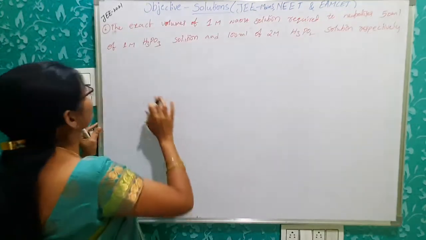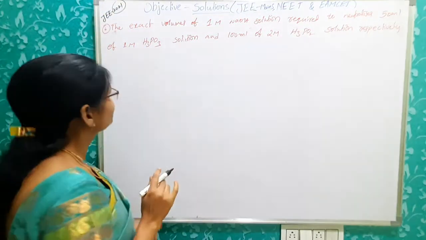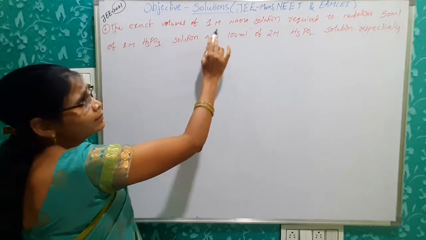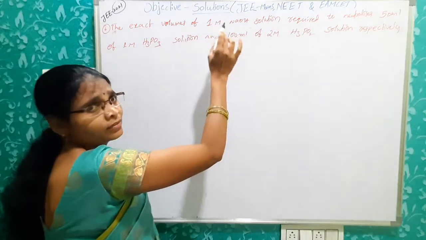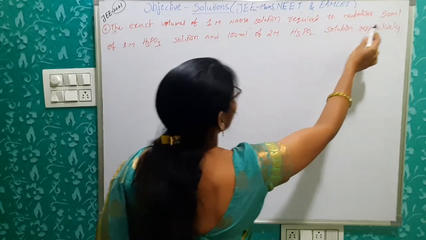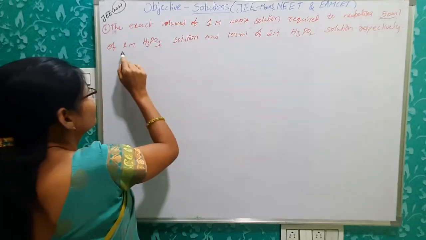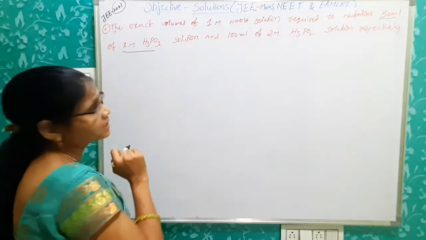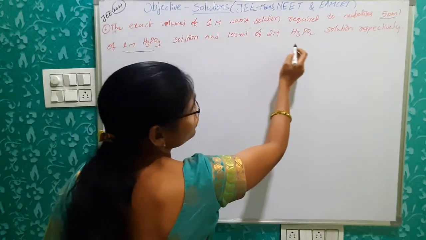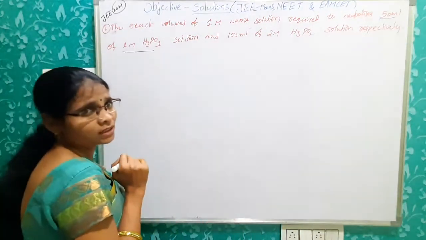Next problem, 6th one. This is also previous bit JEE 2021. Listen to me carefully. The exact volumes of 1M NaOH, molarity of NaOH solution is 1, required to neutralize 50 ml of 1M phosphorus acid H3PO3 solution and 100 ml of 2M hypophosphorus acid solution respectively.